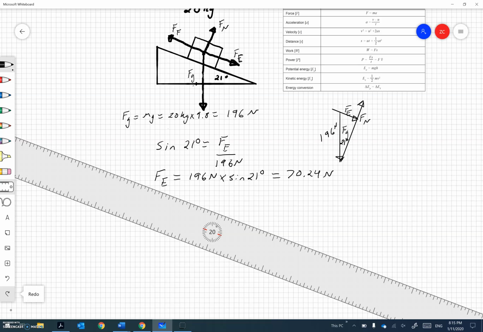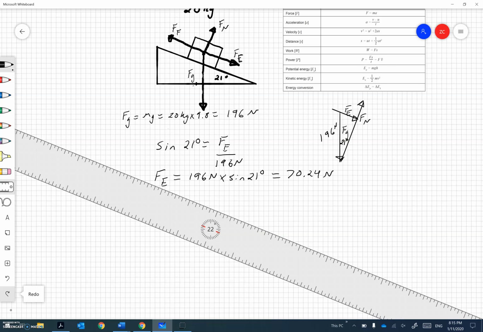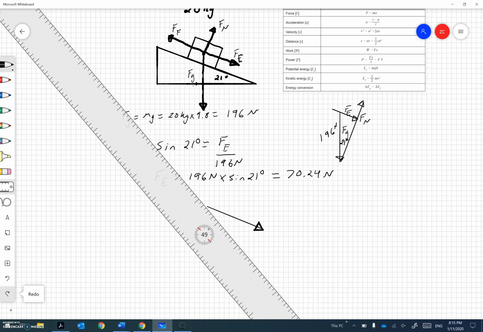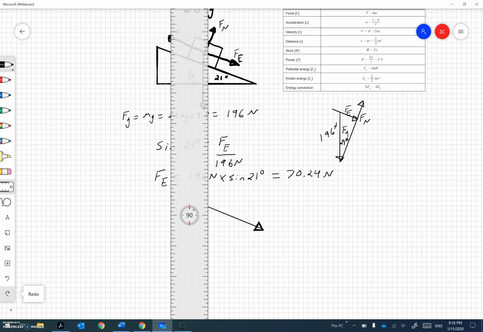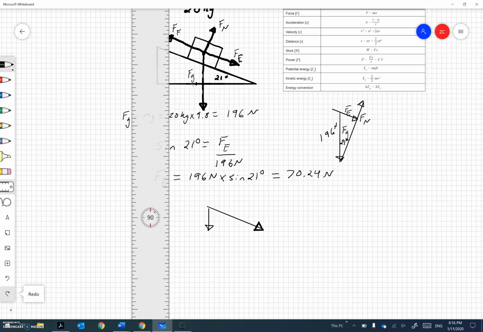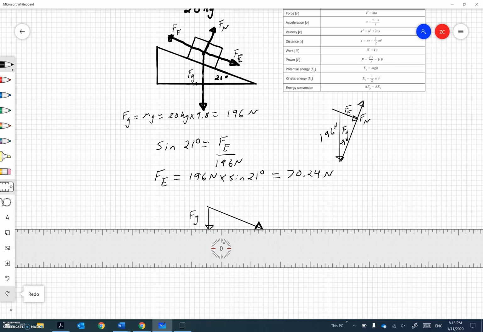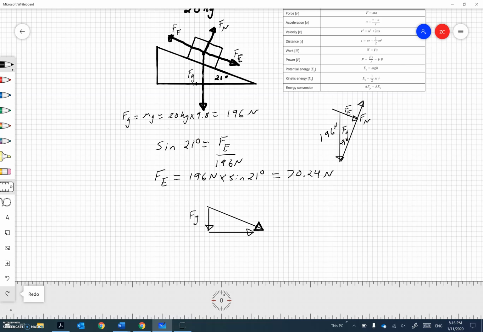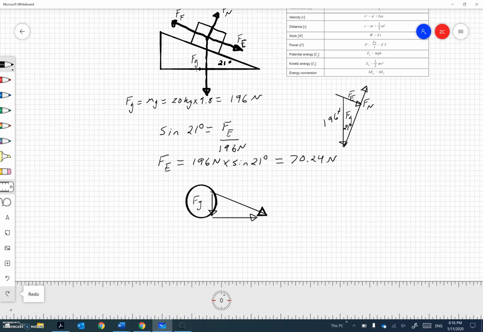So our 21 degree slope is actually partially this, which is gravity, and partially this. So as you can see, the gravity portion of it is actually not the full 9.8, so it's a portion of that. So let's look at that now.